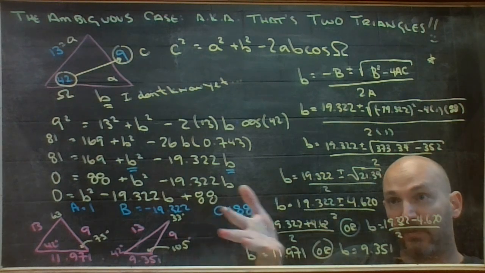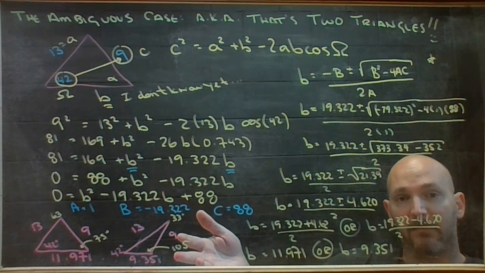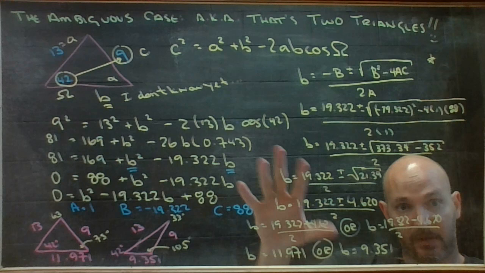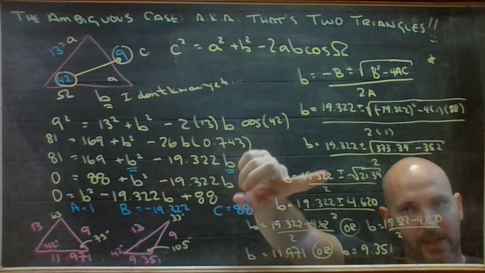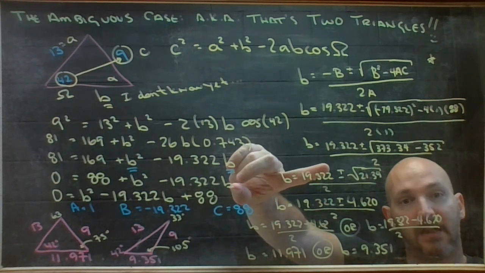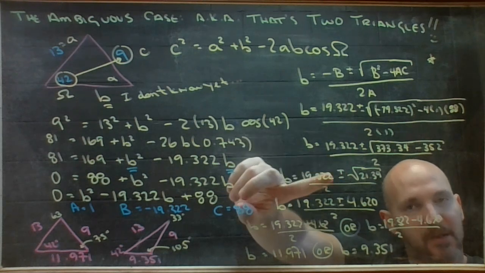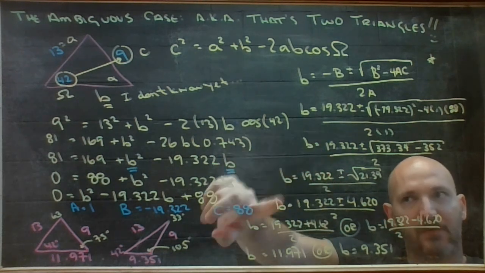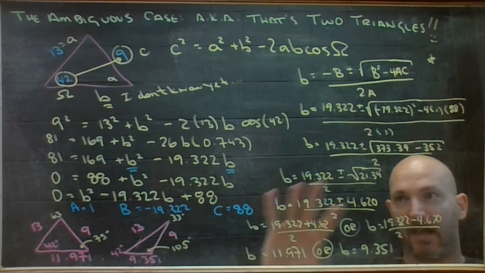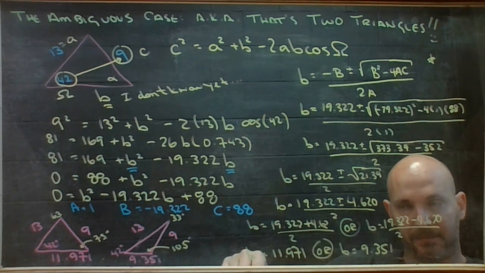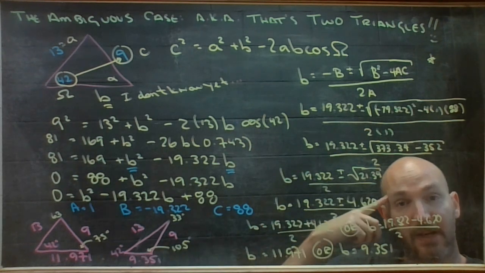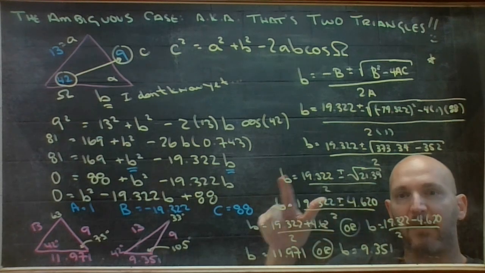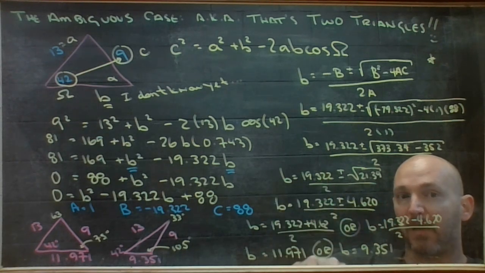So why did I do cosine law at all then? Well, just to show you it could be done, but also to point out this plus or minus. The plus or minus square root comes from undoing a square at some point in all the algebra here. And you had to train yourself that anytime you broke a square, you needed a plus minus.